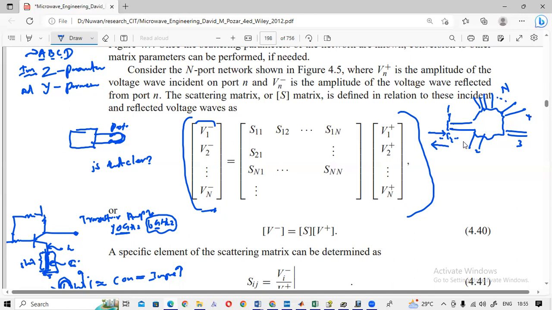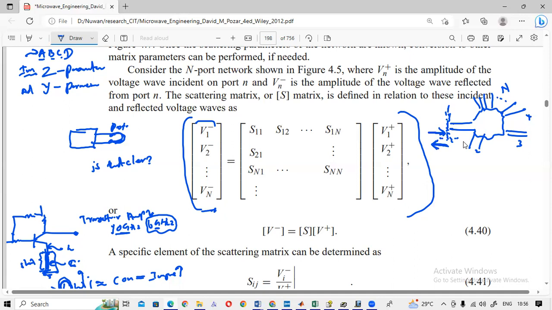We have already learned what SWR is and how it can happen. Basically, if the impedance is not matched, a portion of the incoming wave may be reflected due to this impedance mismatch.